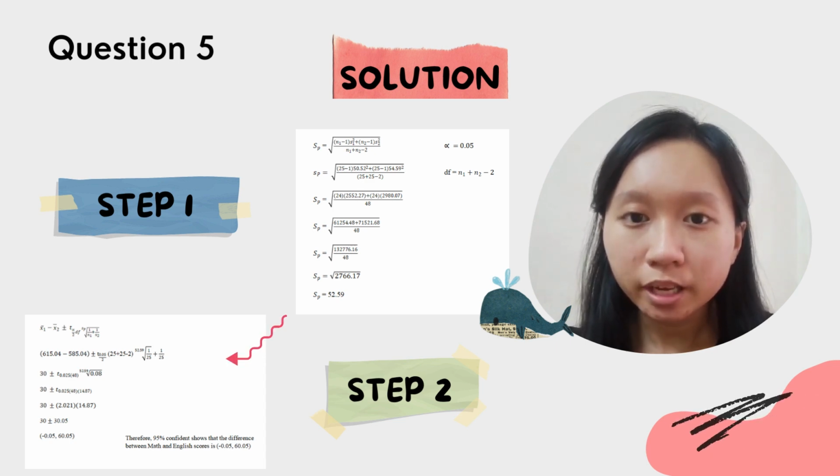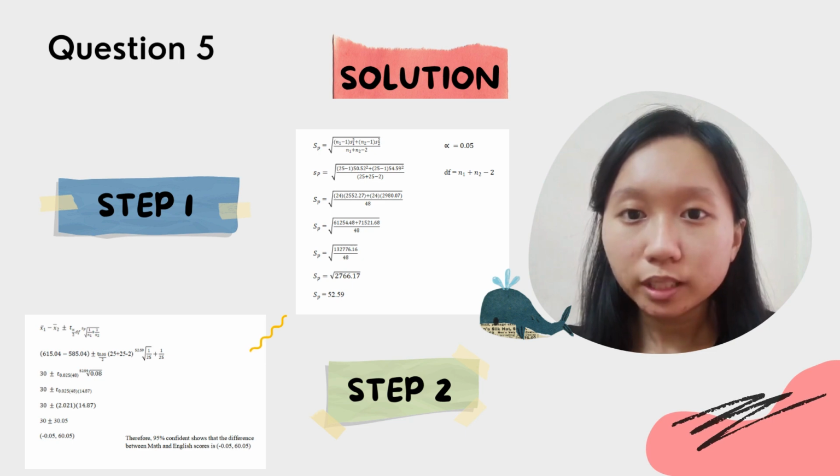The final answer is negative 0.05 and 60.05. Therefore, with 95% confidence, the difference between math and English scores is between negative 0.05 and 60.05.